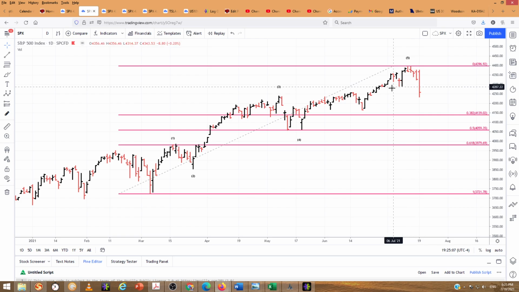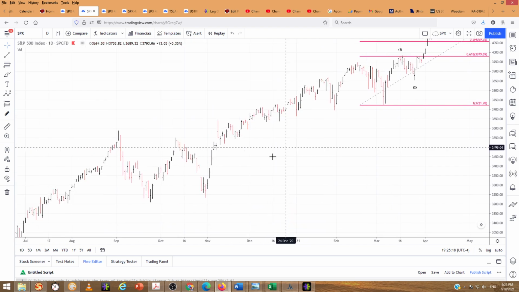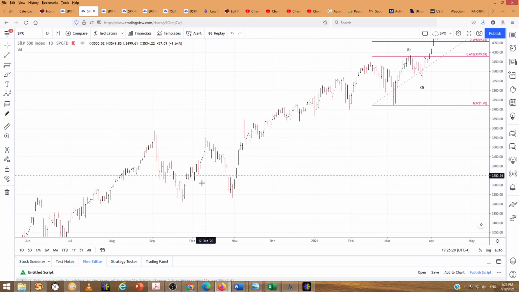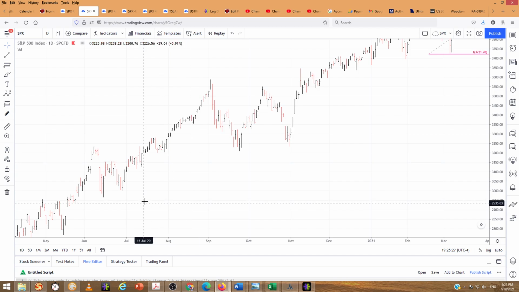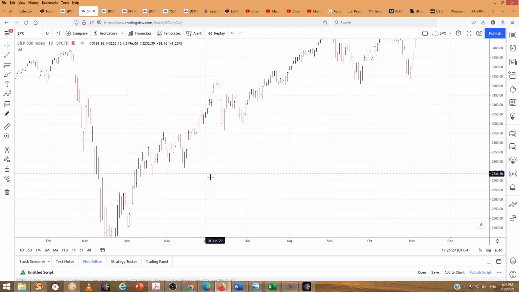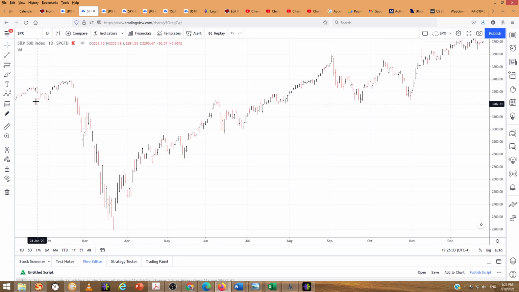Here's 5 days in a row of down, and we're looking at a daily chart. I am not finding 5 days in a row down unless we go all the way back to, see, here's 1, 2, 3, here's 2, here's 3. There's a lot of 2s and 3s, but we have to go all the way back to here.